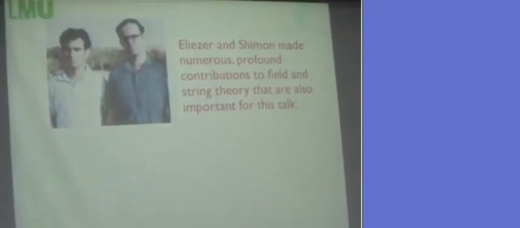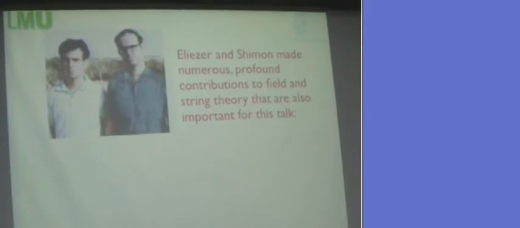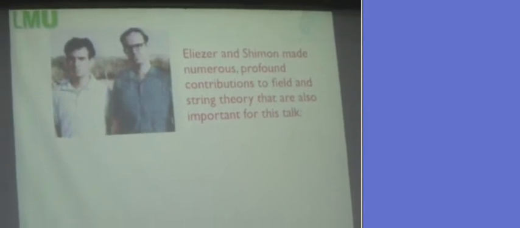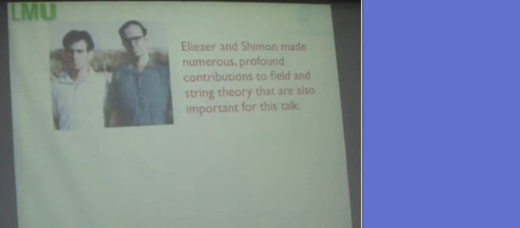Moreover, I'd like to remind that, as was already said several times here, Eliezer and Shimon made numerous profound contributions to field and string theory, and also contributions that are important for this talk.